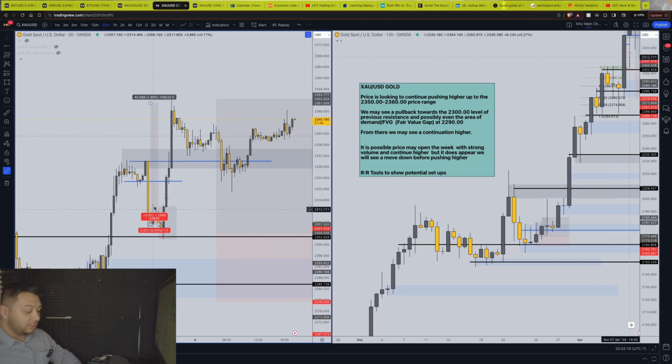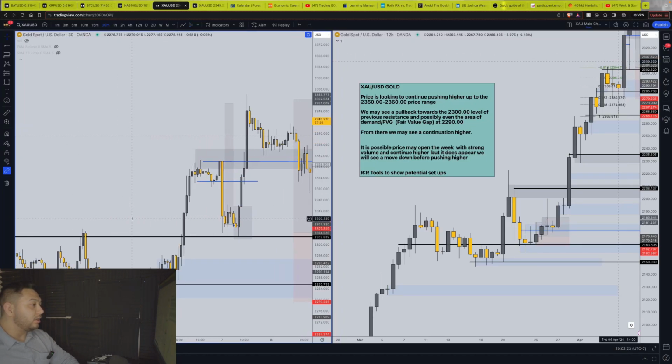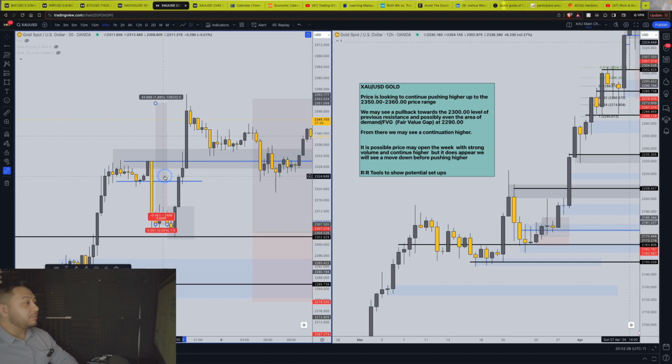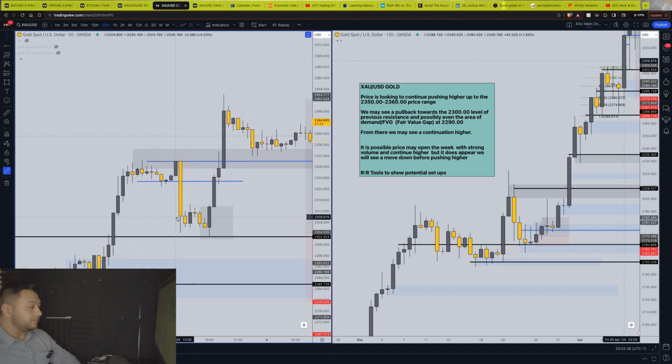You're looking for particular price behavior, particular behavior by the candlesticks to indicate that you have timed the particular move that you're looking for properly. Sometimes you may see a move and you may enter prematurely based on particular price action, and it may be too early. So this is a good example right here.